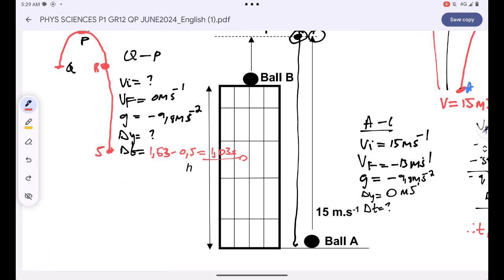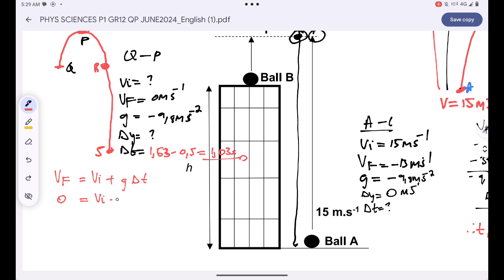I'm looking for the initial velocity and I do not have delta y. This simply means I'm not supposed to use any formula that has delta y, because I wouldn't find my answer. So the only formula that doesn't have delta y is the first one that says Vf is equal to Vi plus g delta t. My final velocity at maximum height is 0.